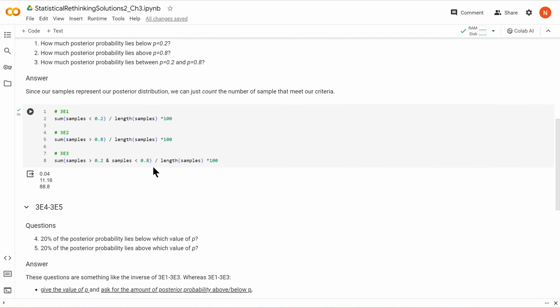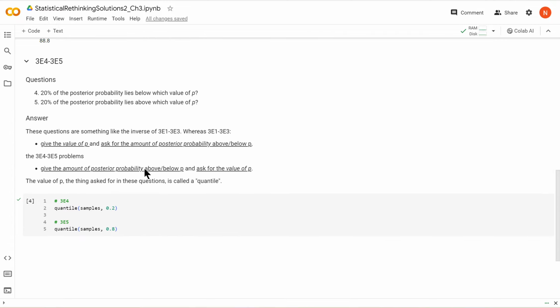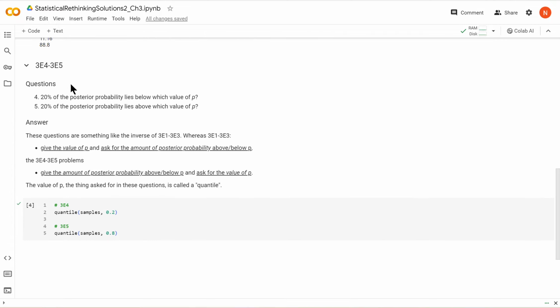Okay, so having said that, questions 2E4 and 2E5 ask: 20% of the posterior probability lies below which value of p, again, where p is the proportion of the globe that is covered in water, and 20% of the posterior probability lies above which value of p.